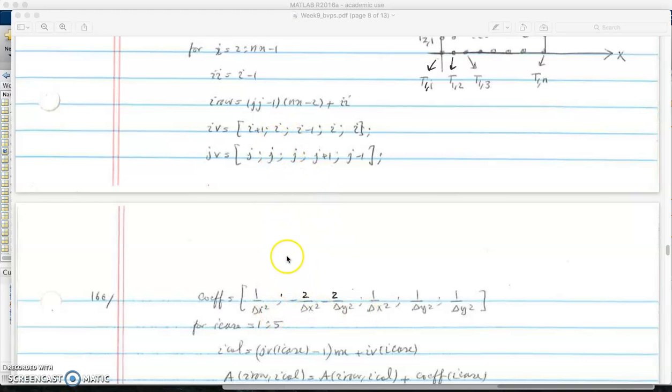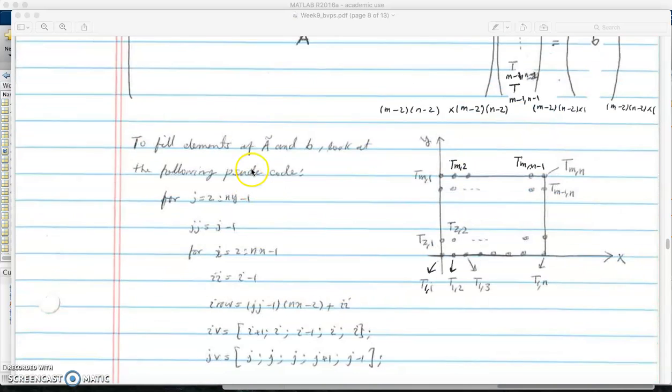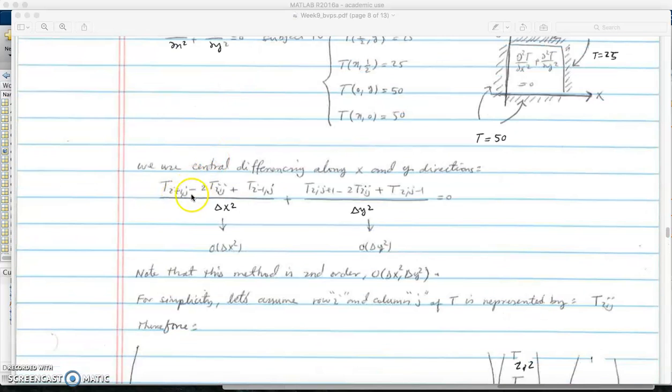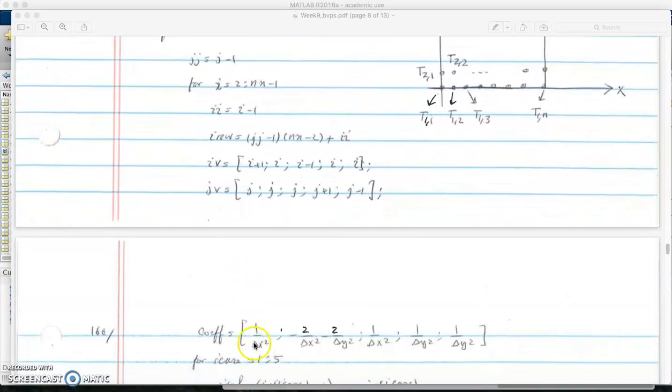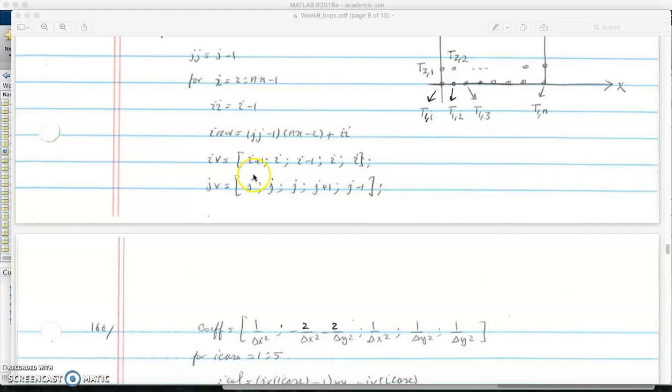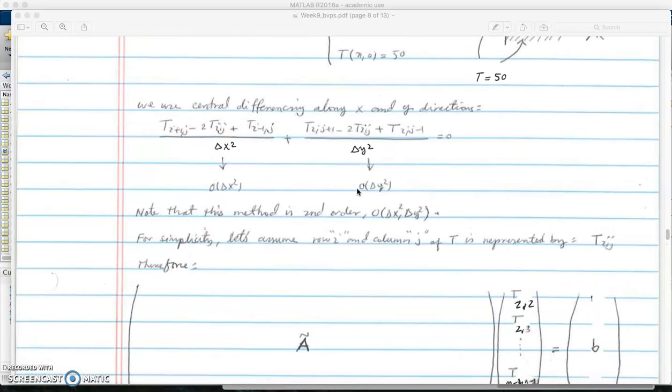Like for ij, the coefficient is this. For I plus 1 and j, let's look at this. I plus 1 and j, the coefficient is 1 over del x squared. And that's what I have, 1 over del x squared corresponding to I plus 1 and j. Or another example would be for Tij minus 1. It's this term, the coefficient is 1 over del y squared.